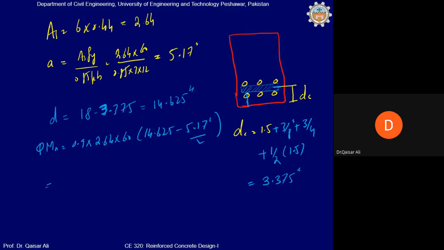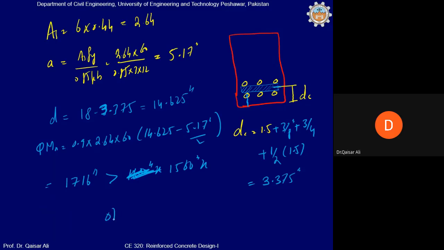Calculate this. 1716.4. 1716 inch-kips, which is greater than the demand moment, which was equal to 1600 inch-kips. Sorry, it was equal to 1560 inch-kips.